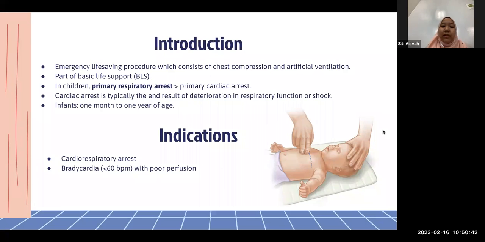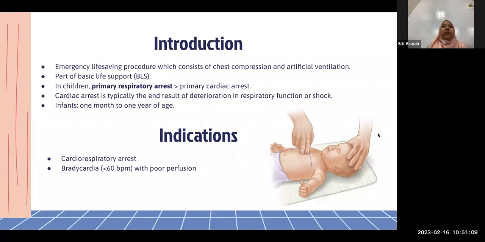So basically, as mentioned before, CPR is the cardiopulmonary resuscitation, which is an emergency life-saving procedure, which consists of chest compression as well as artificial ventilation. It is a part of basic life support. In children, primary respiratory arrest is more common than primary cardiac arrest.